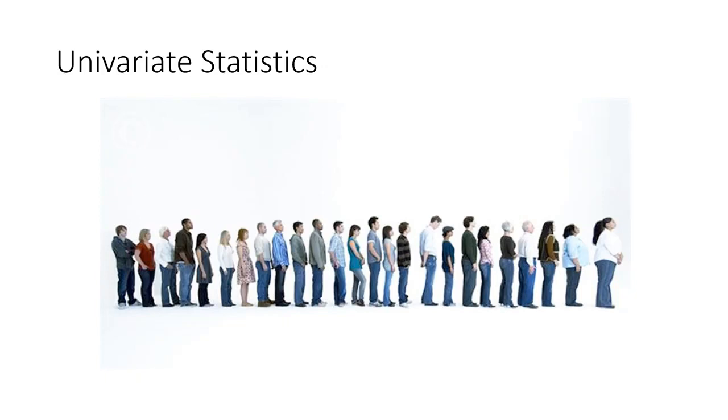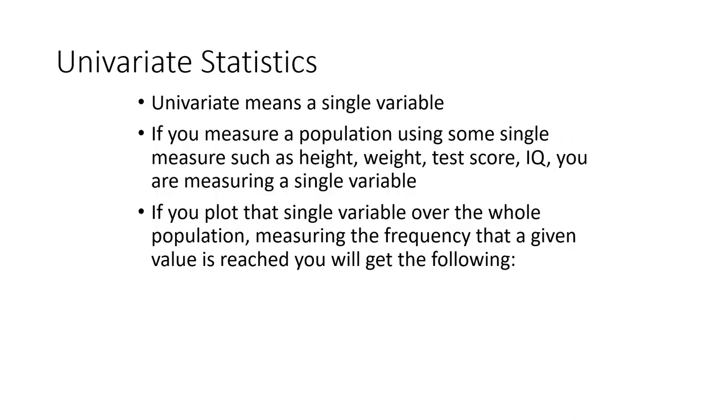If we are focusing on just a single variable in a population, we are dealing with univariate statistics. In the example I'm giving here, we might be measuring their height, we could be measuring their weight, we could look at their test scores or their IQs, but in either case, it's a single variable that we're looking at. If over this population, and 25 is perhaps a little small, let's say we had 250.